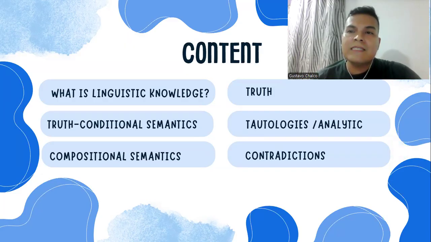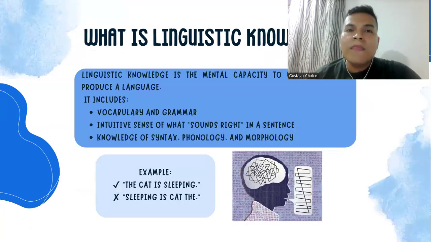Okay, let's start. First, what is linguistic knowledge? This is the mental ability we have to understand and produce language. It includes knowing vocabulary, grammar, and the rules of syntax and morphology.